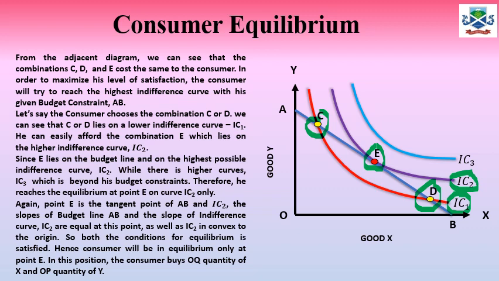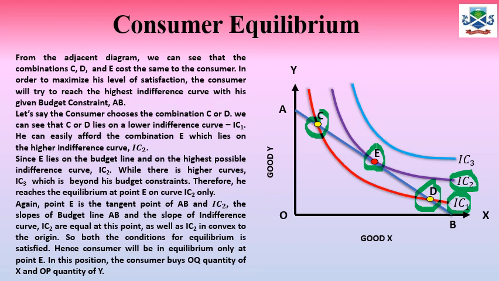Since E lies on the budget line and on the highest possible indifference curve, IC2, while the higher indifference curve IC3 is beyond the budget line, he cannot move to IC3 because of the constraint.